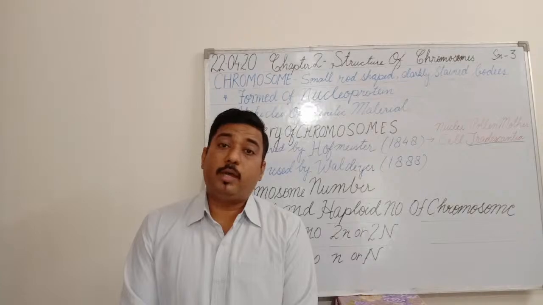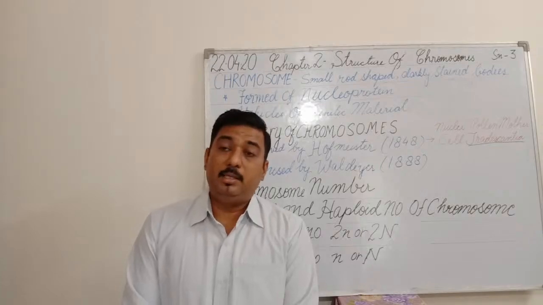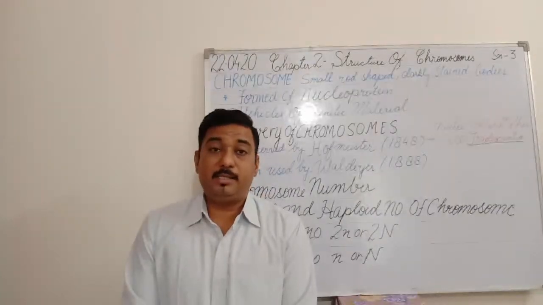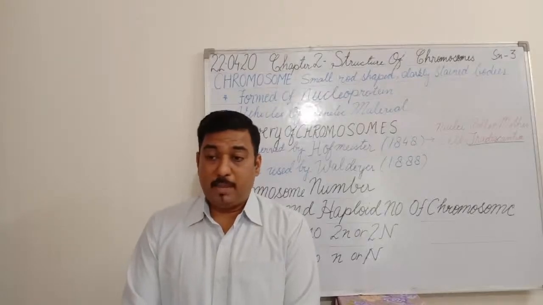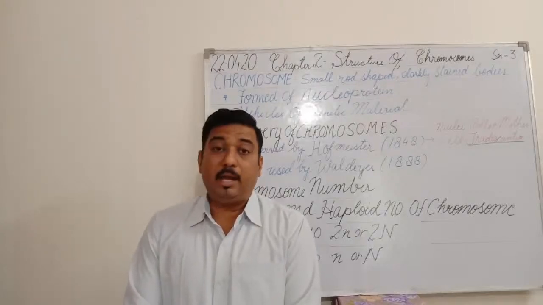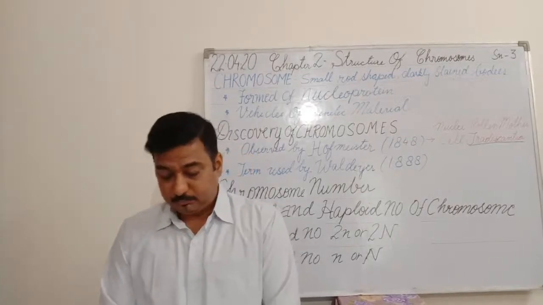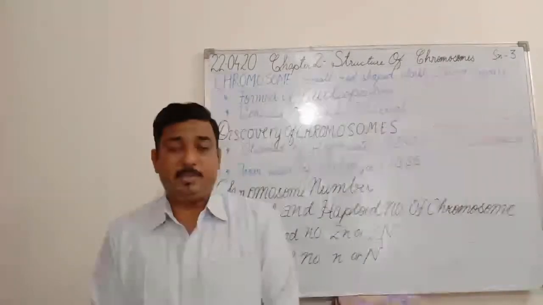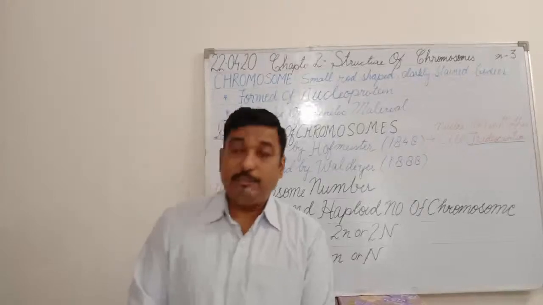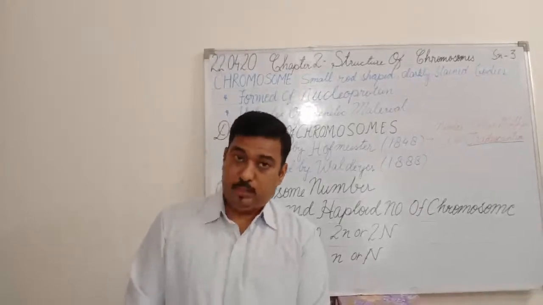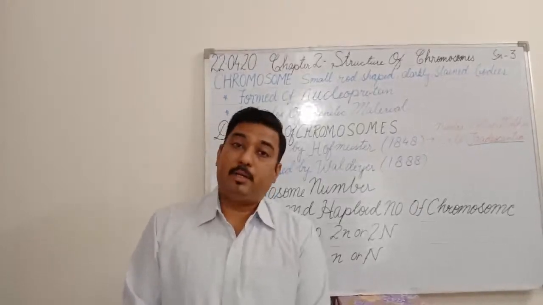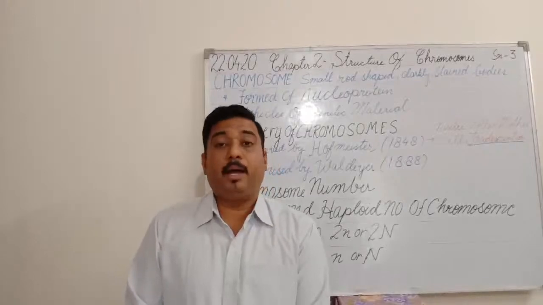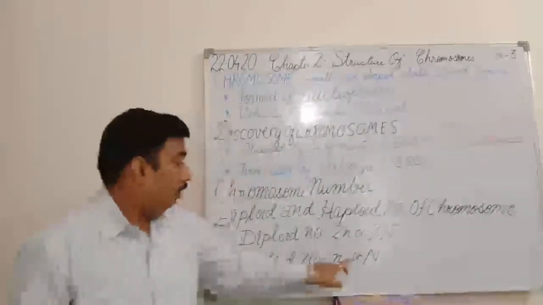This was also explained to you in the last class, that the gametic cells or germ cells, when they produce gametes, are haploid in number, meaning they are not found in pairs. The germ cells contain only one set of chromosomes, and they are represented by small n or n.